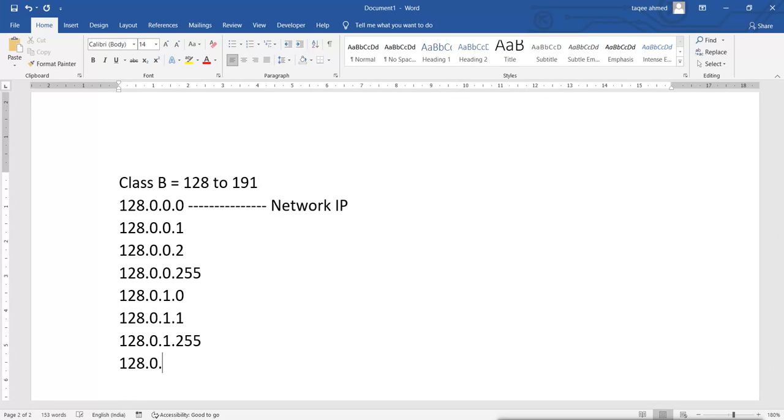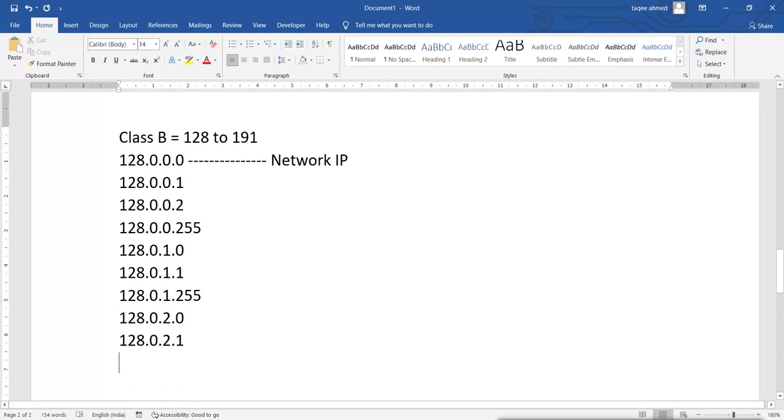Then the next will change to 2 and 0, and then the next IP will be 2.1, then 2.2, 2.3, 2.4, 2.5. Now one time will come when this IP will be 255 and this will also be 255.